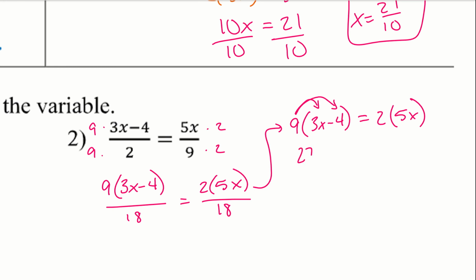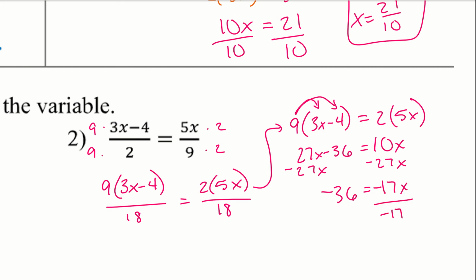So I have 27x minus 36 is equal to 10x. Minus 27x from both sides. Negative 36 is equal to negative 17x, divided by my negative 17. I end up with a positive 36 over 17 equals x.